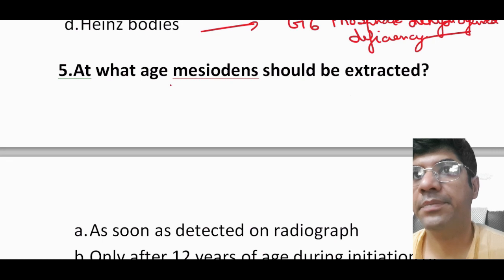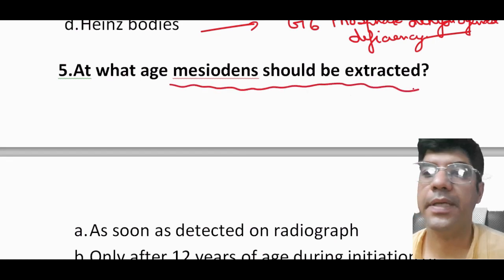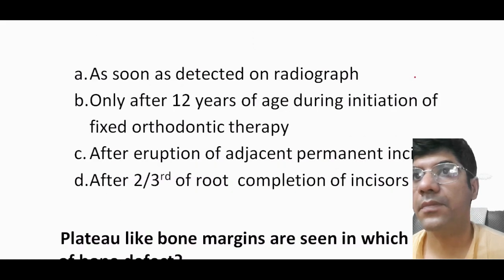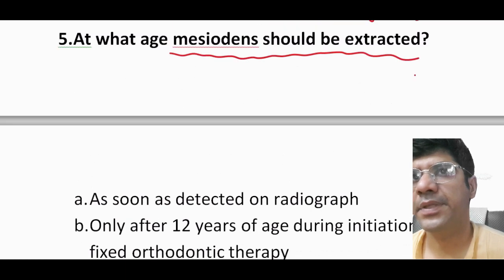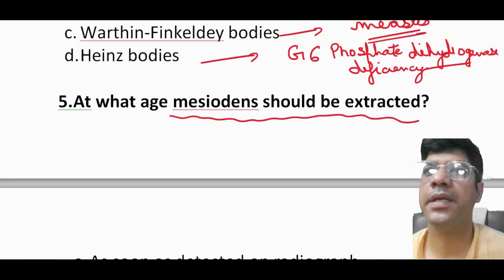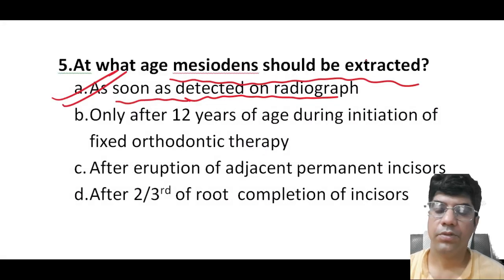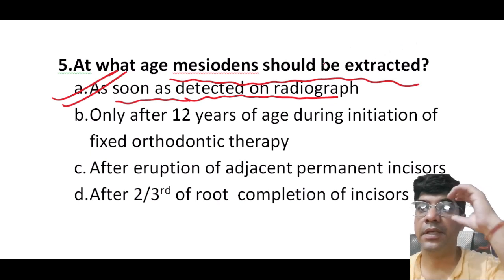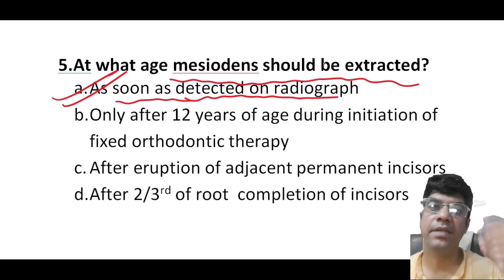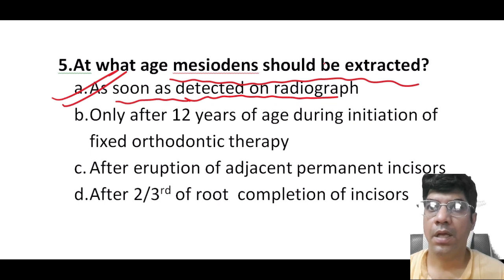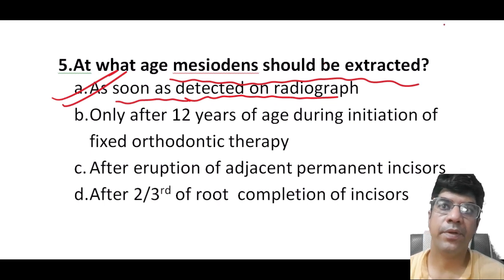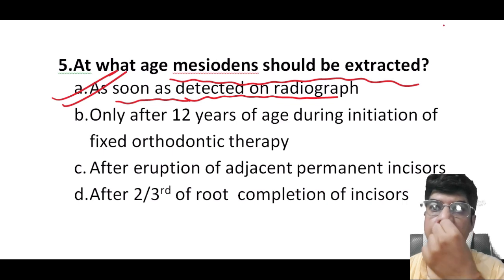At what age should mesiodens be extracted? The answer is that mesiodens should be extracted as soon as detected on the radiograph. Mesiodens can cause eruption problems for the adjacent permanent teeth.